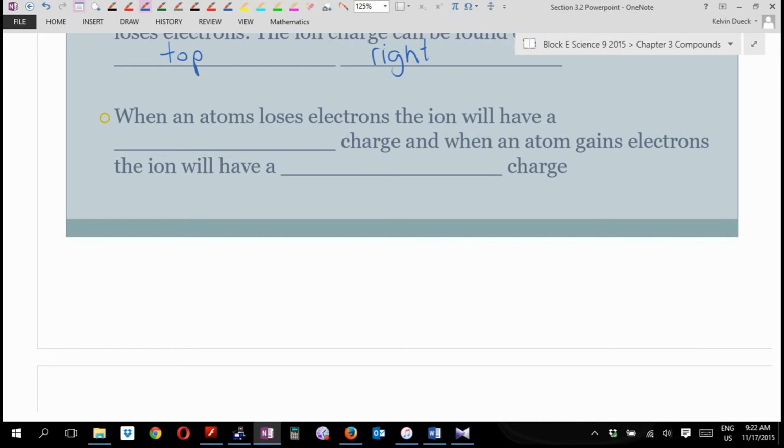Right now, when you lose negatives, you're positive. When an ion gains electrons, it's gaining negatives, so it has a negative charge.